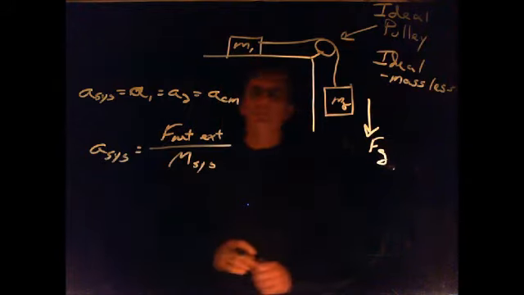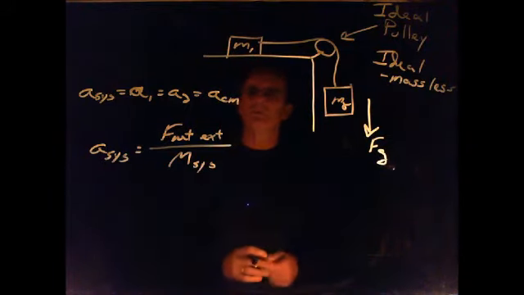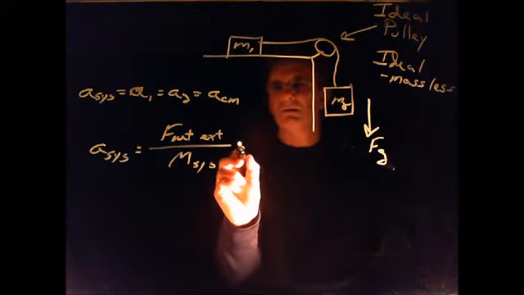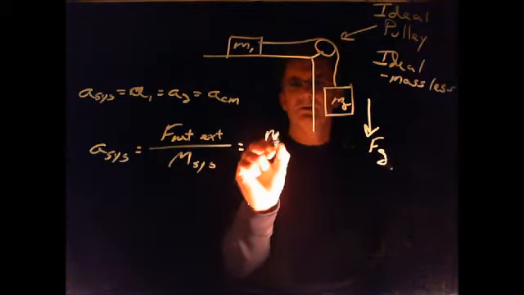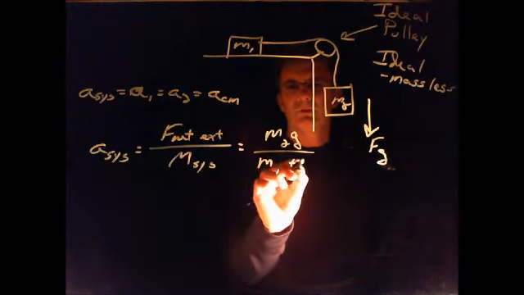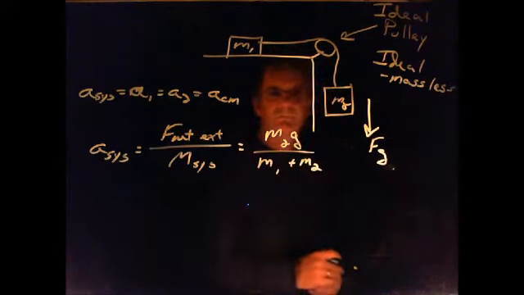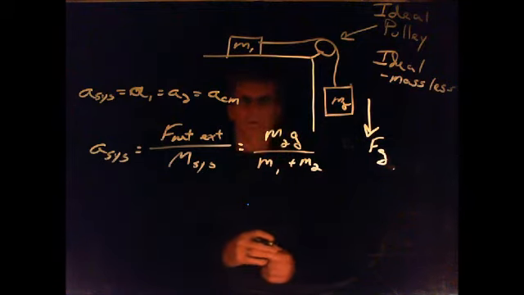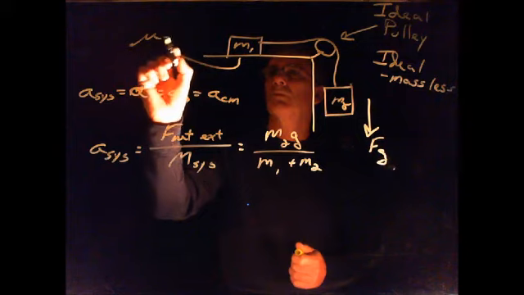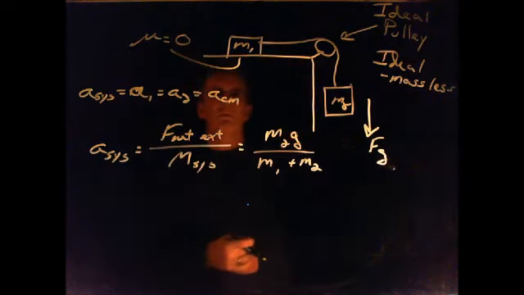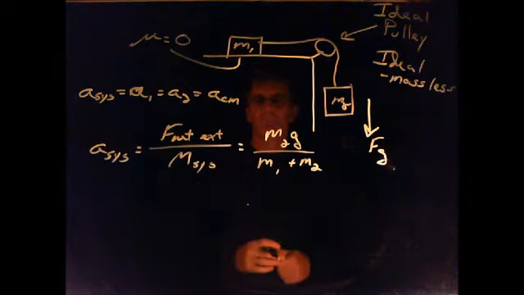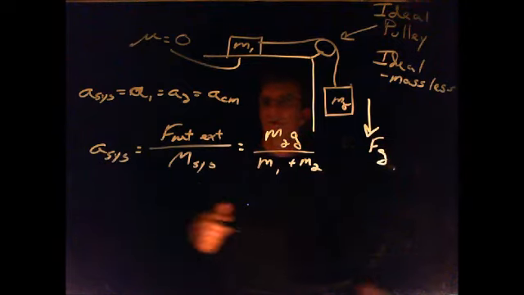There's gravity pulling M1 down, but it's not affecting the motion of the system. And so in this particular case, what we end up with is M2g over M1 plus M2. Now, this assumes that M1 is on a frictionless surface. Okay, what if it's not?